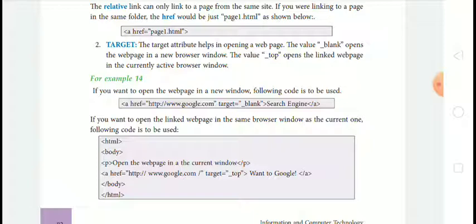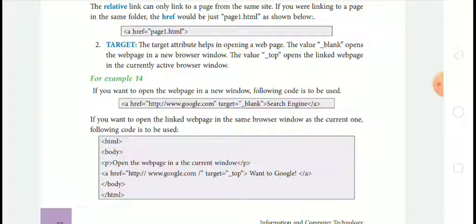For example, if you want to open the web page in a new window, the following code is to be used: A href equal to http://www.google.com, target equal to blank, and then search engine.